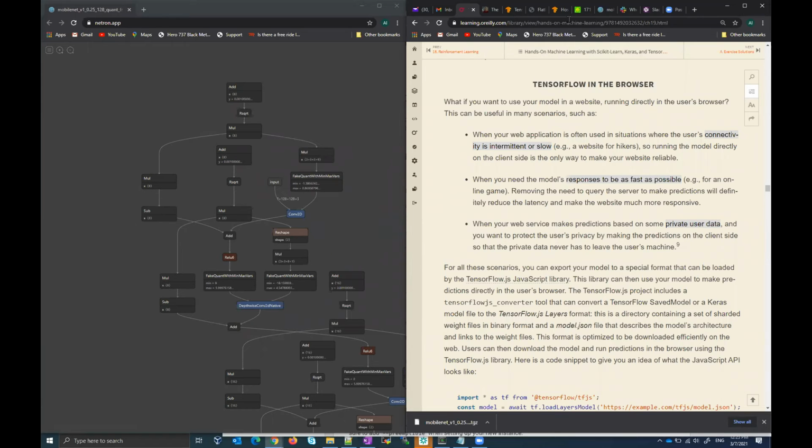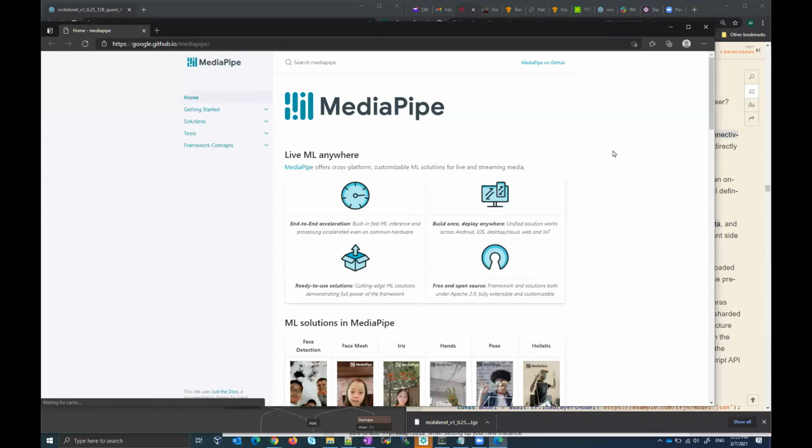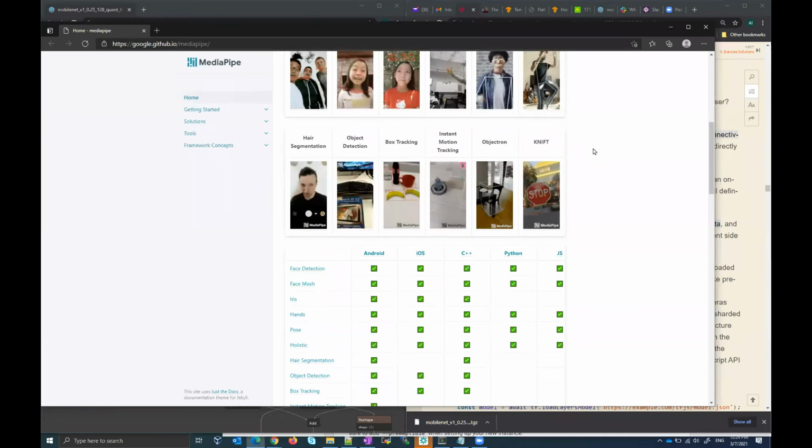So if you can open this link, yeah, it has a quick solution from the perspective of face detection, face mesh, iris, hands, pose. If you can scroll down, yeah. So this is the out of the box.